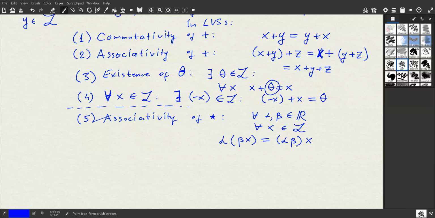And this is an axiom, by the way. If we do not postulate this as an axiom, there is absolutely no way to derive it. It is just given.